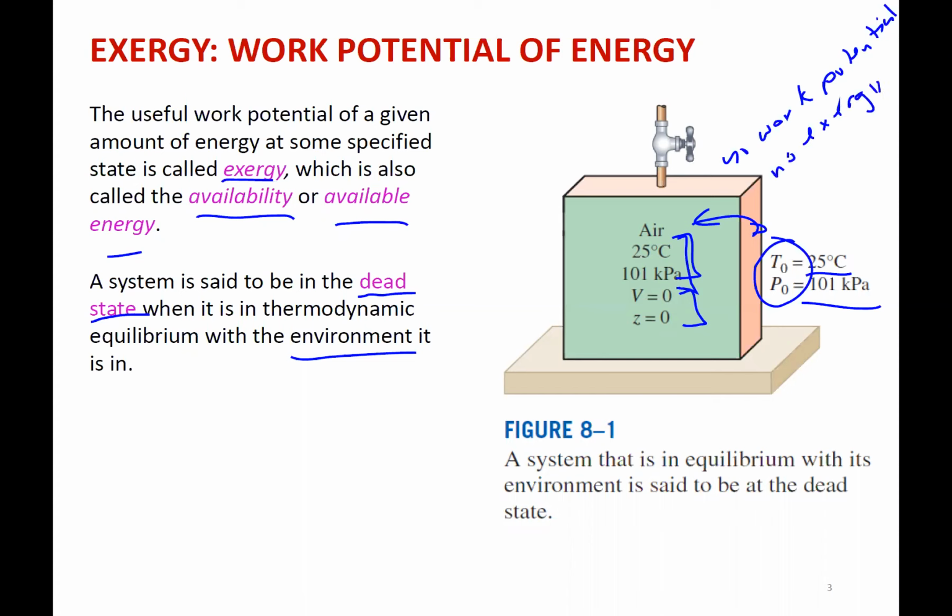Now if that tank had a higher or lower pressure than atmospheric, or a higher or lower temperature than the environment, now you have a potential to do work because you have that difference between what's in the tank and the environment.